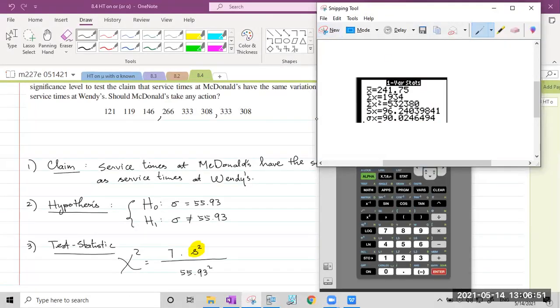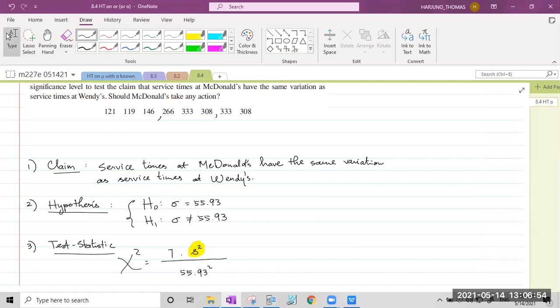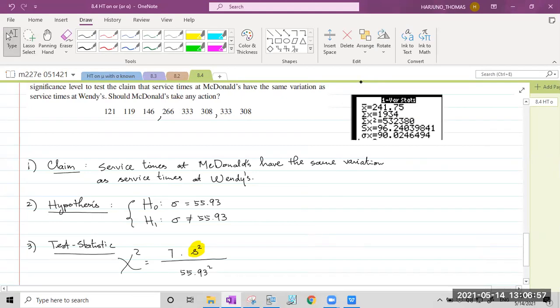Okay, even if I tell you to compute that manually, you can still cheat a little bit: you get this number and this number from your calculator and use these 2 numbers to compute. So this equals 7 times 96.240398, so maybe 40, squared.